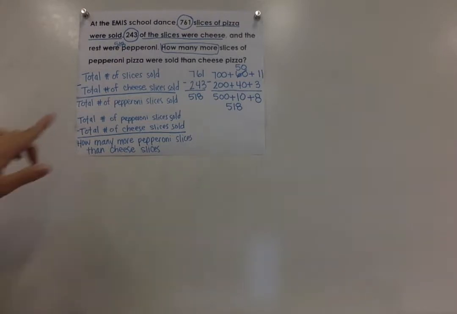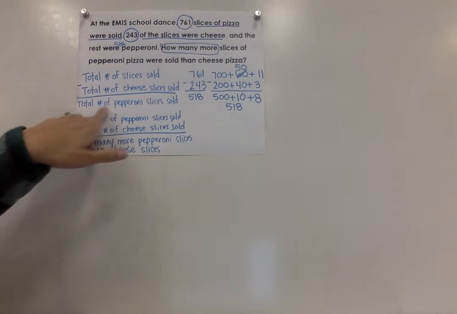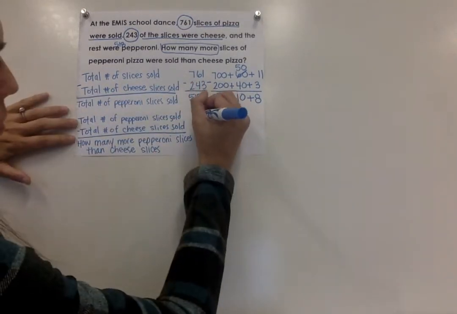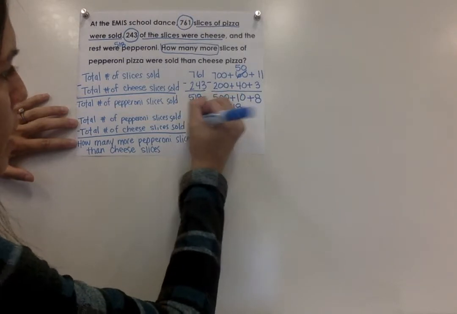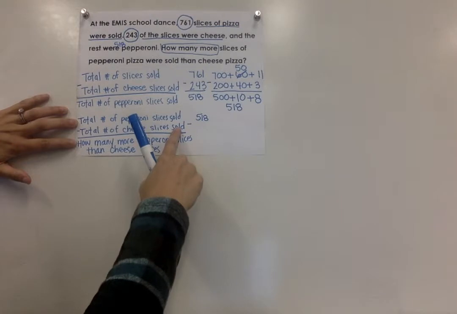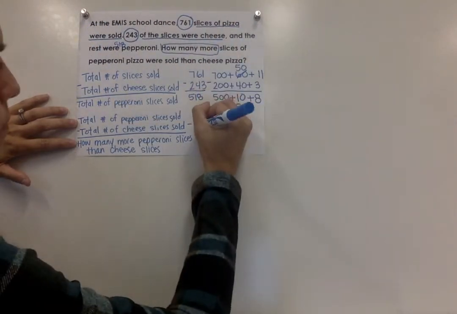Let me go ahead and plug in my numbers. Total number of pepperoni slices sold. Well, remember, we went ahead and already solved that right here. That's 518. So 518 minus the total number of cheese slices sold. That was silver platter information, 243.